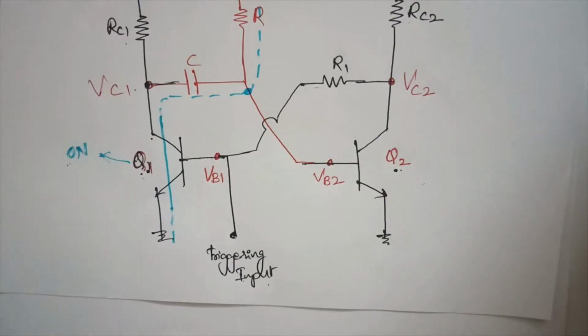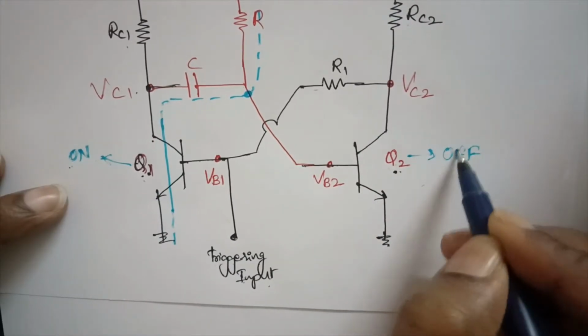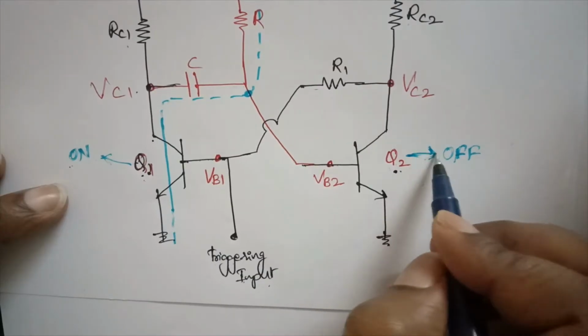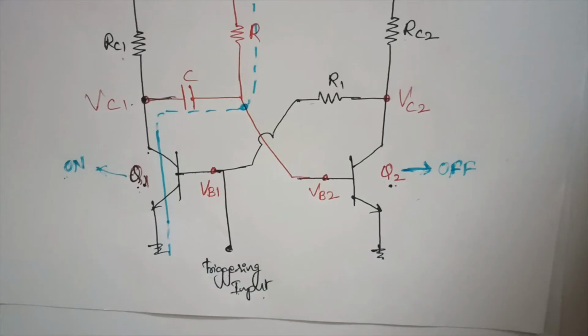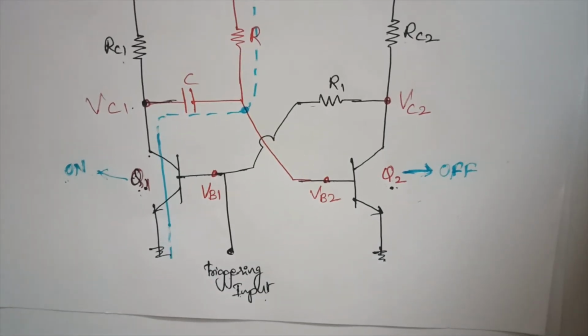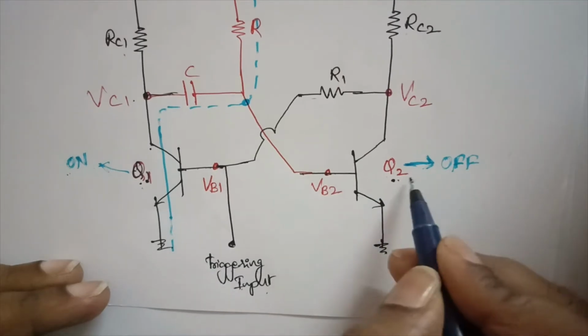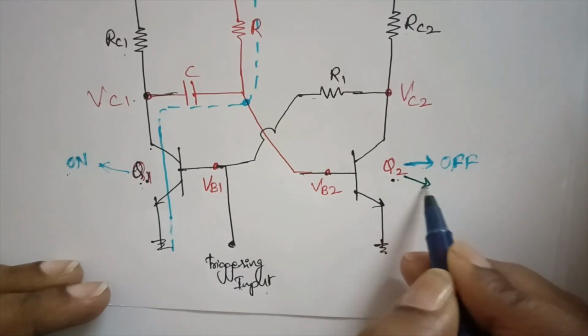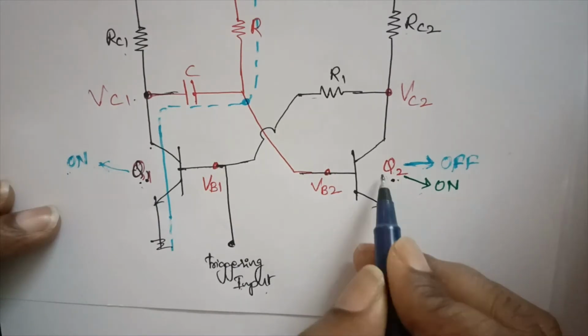When Q1 is on, Q2 becomes off. Then the capacitor starts charging. When the capacitor charges to the VBE value, it moves to on, so it is switched on.